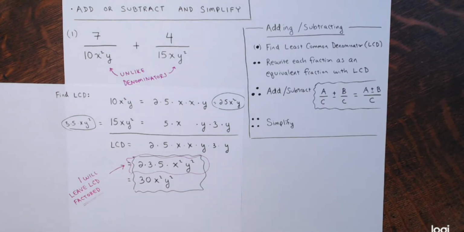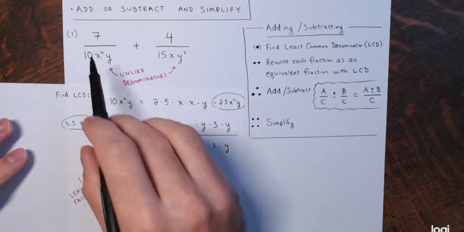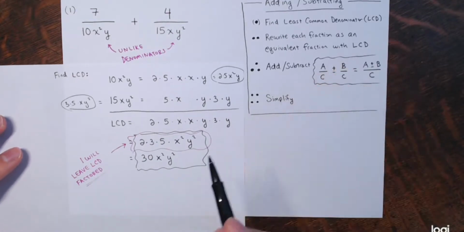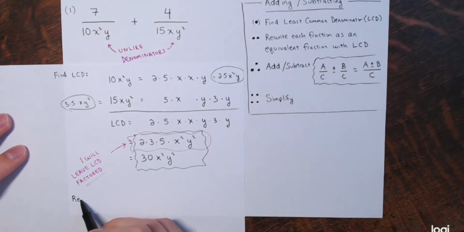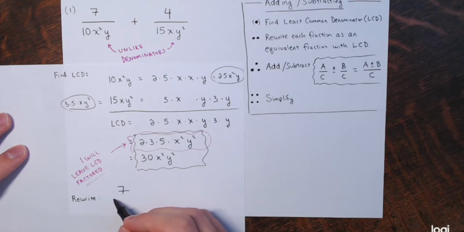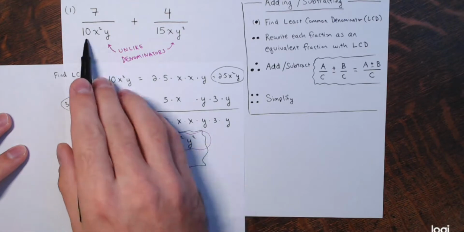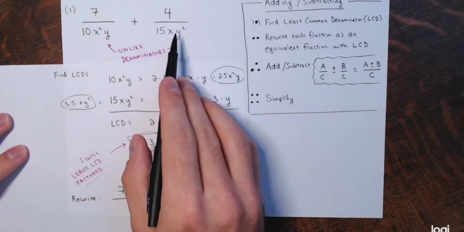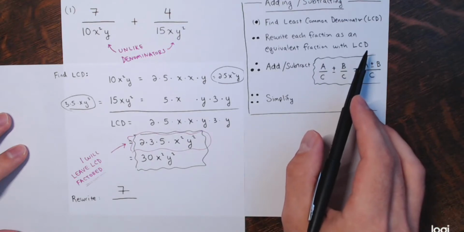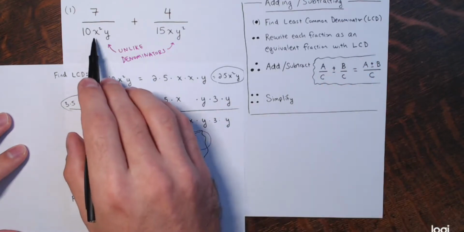Okay. Now comes the part where I'm going to rewrite each of these fractions. Right, now I'll do it in a kind of a long way for this first example. So now I'm going to rewrite the fractions. The first one, 7 over, and it'll be nice and easy to do this, rewriting the fractions as an equivalent fraction with the LCD as the denominator, if you factor the denominators right now.